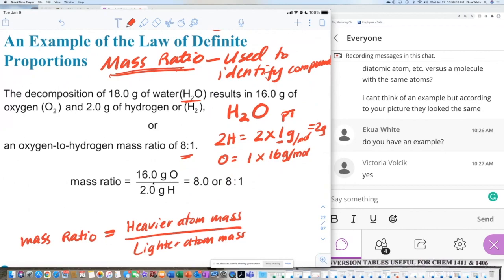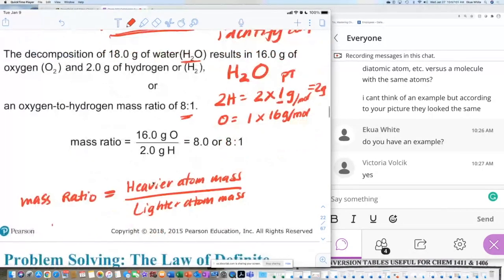And then we use this ratio as a fingerprint to identify or to prove the identity of the compound. Okay? Once again, it's all about the identity of compound.